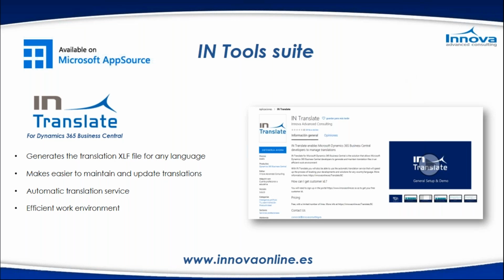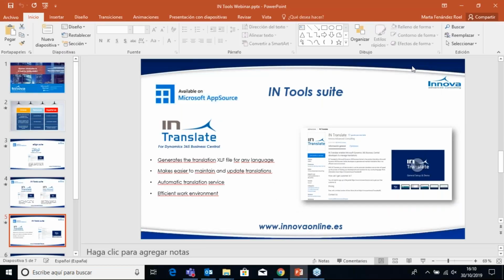The solution also makes it easier to maintain and update your translations from your developments. And we also have an automatic translation service, which we are going to watch in the demo as well. All right, so we are going to see the demo now.